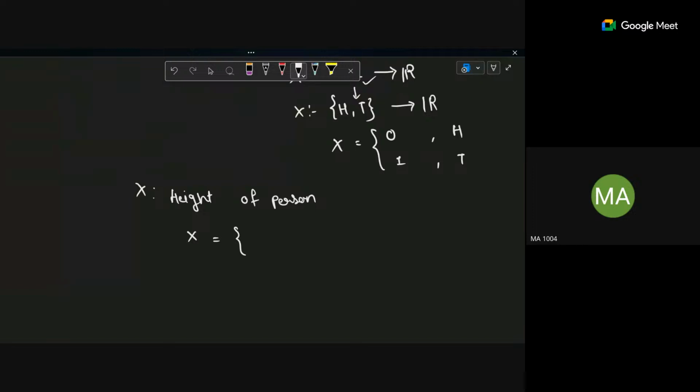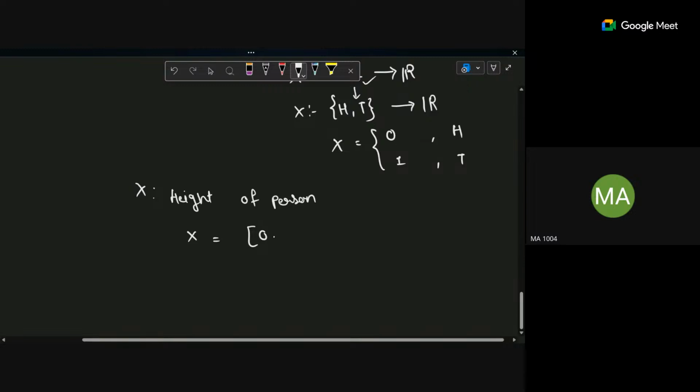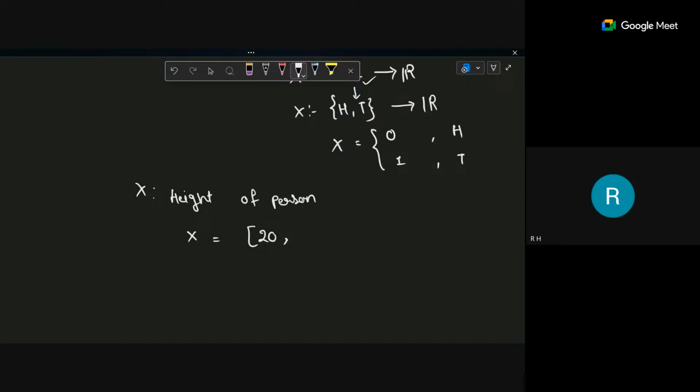Let's say, just as an assumption, in terms of centimeters, from 20 centimeters. This is a hypothetical value. It may be possible that newborns are less than 20 centimeters. So let's say 20 centimeters to 200 centimeters.